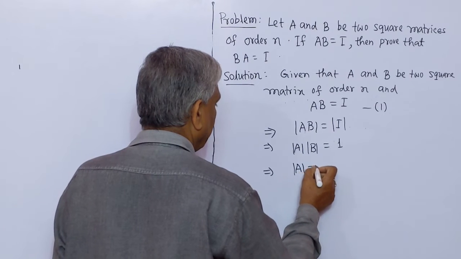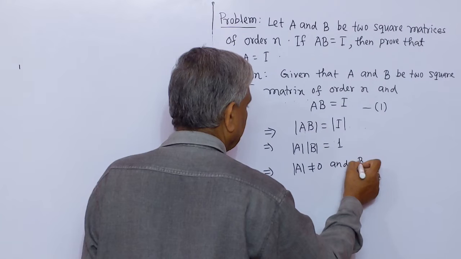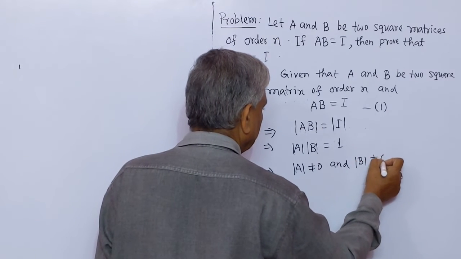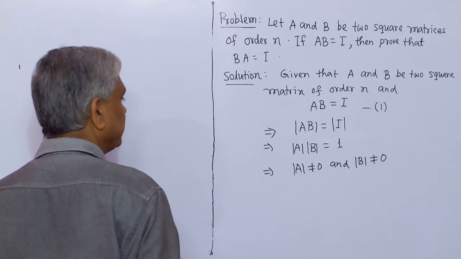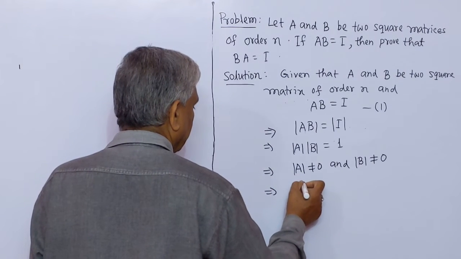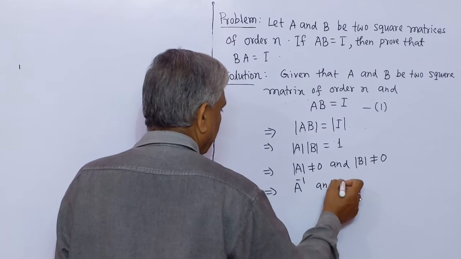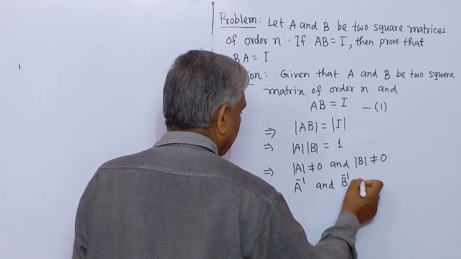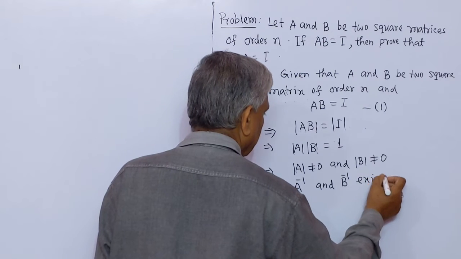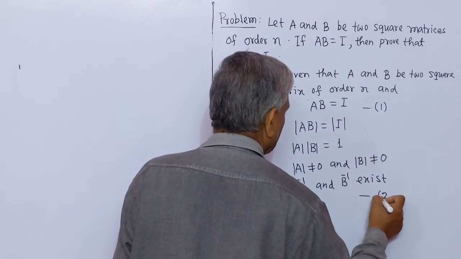Determinant of A not equal to 0 and determinant of B not equal to 0 means non-singular. Implies that A inverse and B inverse exist. This is number 2.